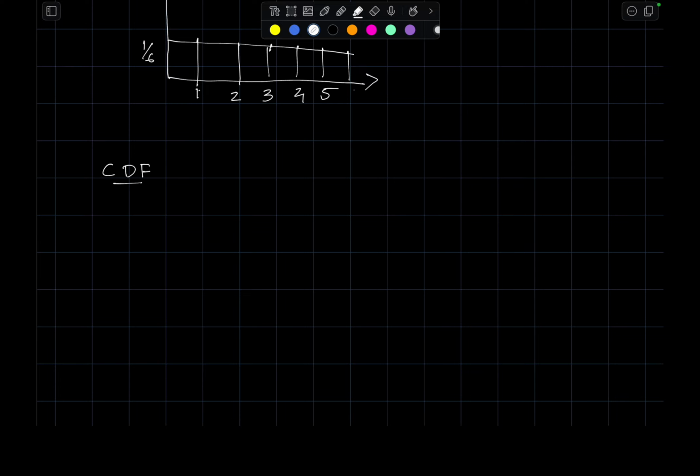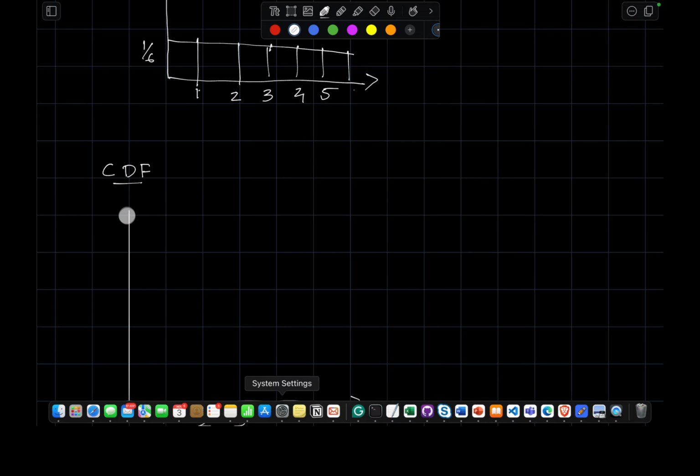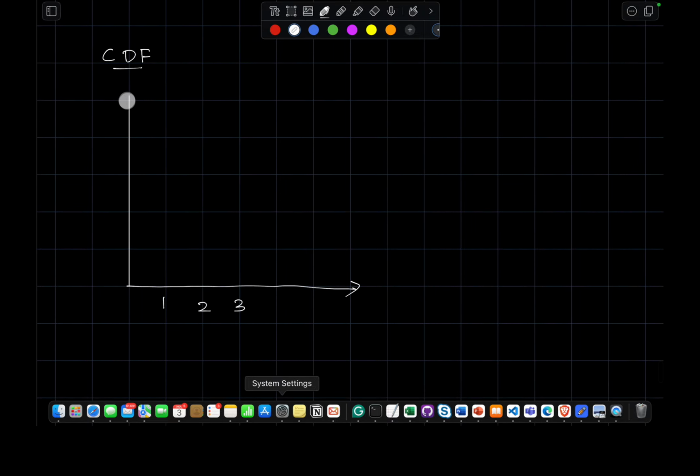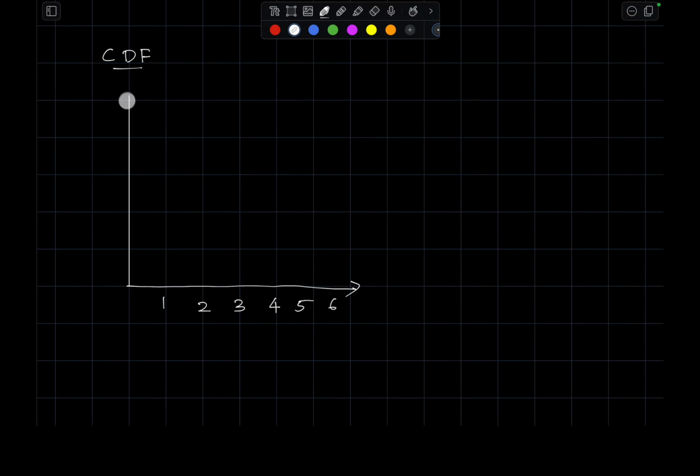So here we can take the same example which we took earlier, the rolling of dice. So here we had 1, 2, 3, 4, 5 and 6, right? So cumulative density function in this case will be just the combined probability as we go from the first random variable to the last.